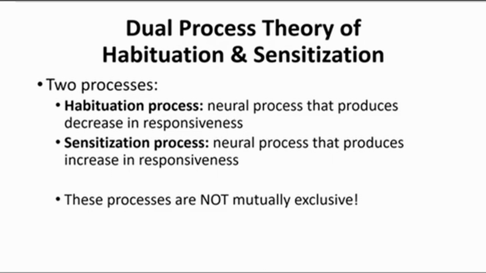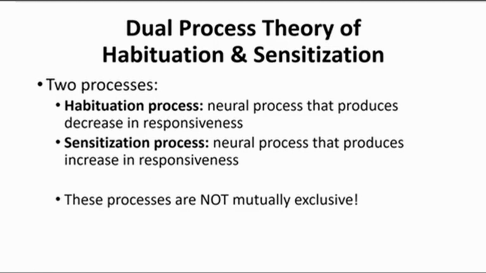So we're going to talk about two processes, the habituation process and the sensitization process. Now, these were proposed back in the 1970s by Groves and Thompson. And honestly, the definitions of the processes aren't actually that complicated. So the habituation process is a neural process that produces a decrease in responsiveness.